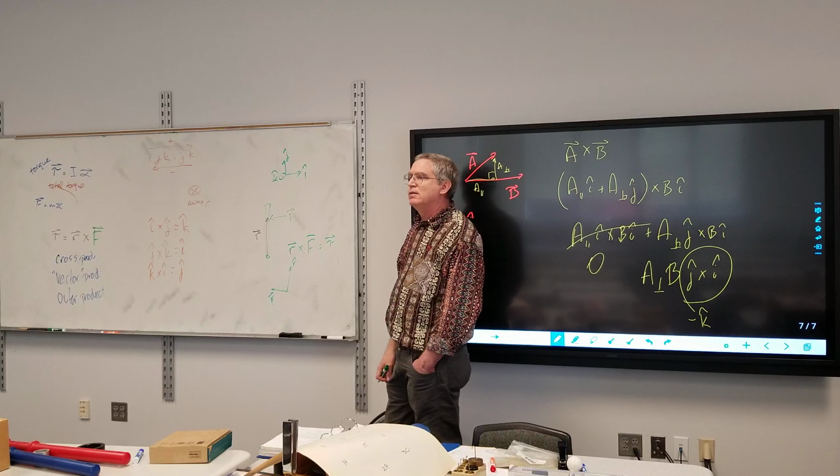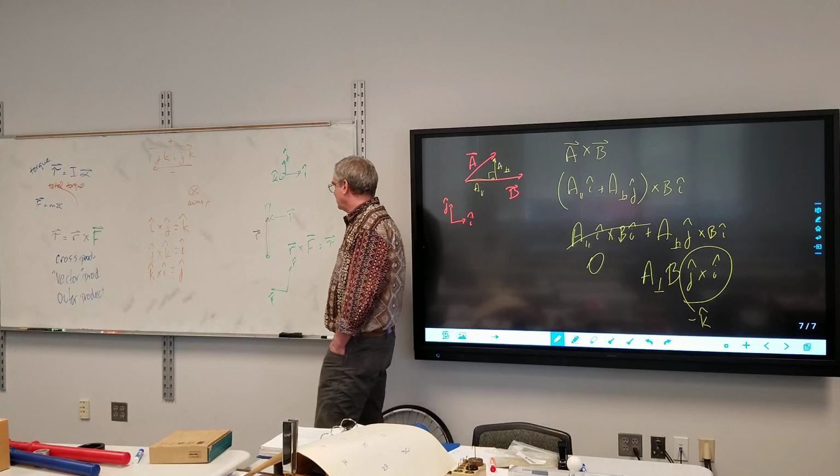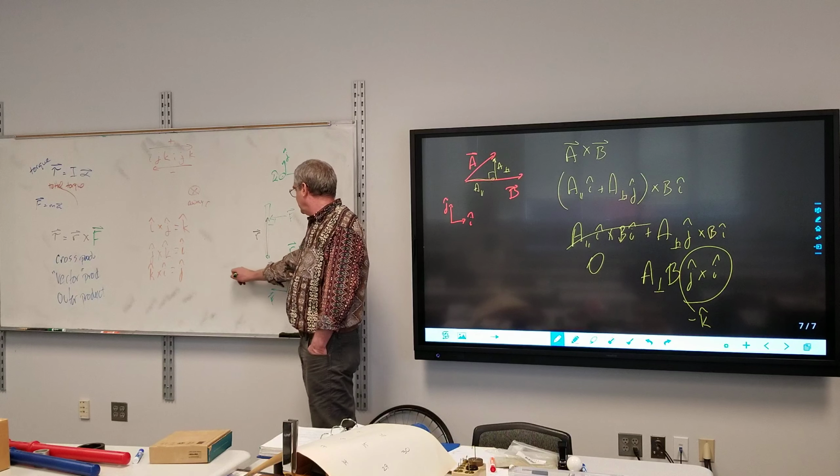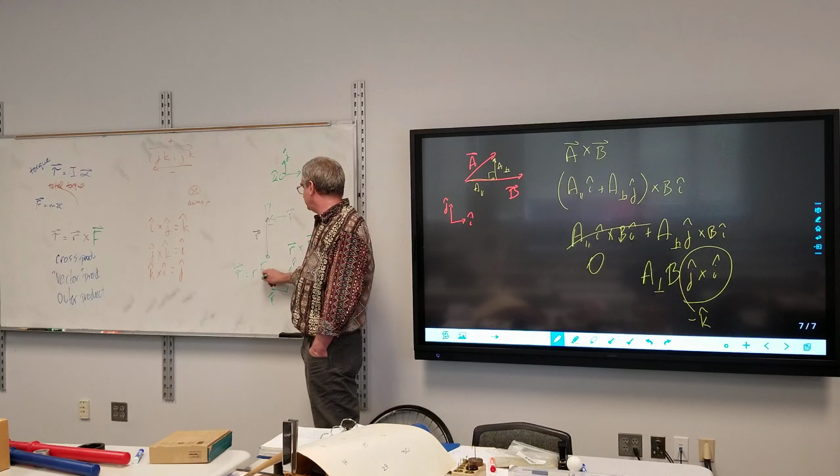K hat. How'd you get that? Put your hand, curl towards F. It's going up. So the torque would be, that's a right angle, torque would be R, F, K hat.